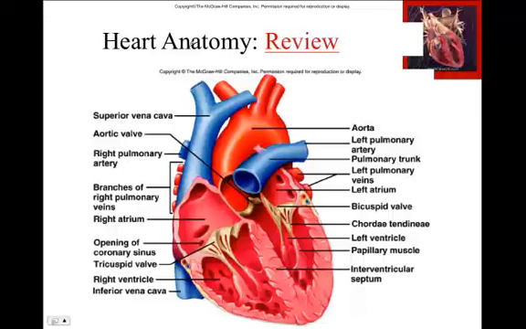And as they drop off that oxygen, they'll do that in the capillary beds of the tissues. They'll drop off that oxygen into the tissues and pick up carbon dioxide. They're going to come back to the heart and bring that deoxygenated blood back in the form of veins. Veins are what's going to bring that deoxygenated blood back to the heart.